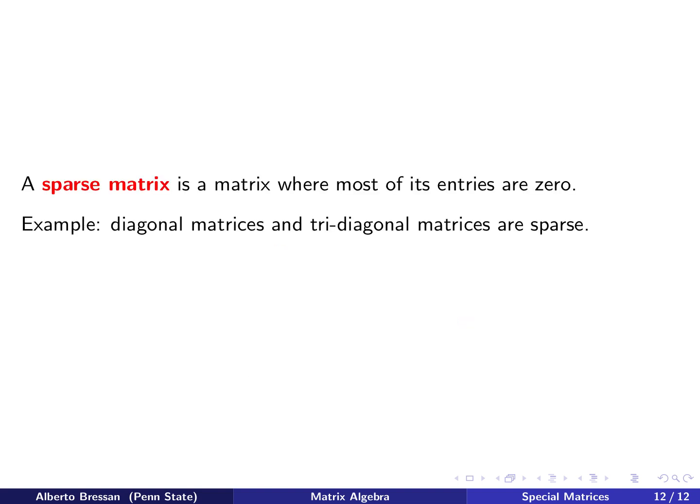One last concept of a special matrix is called a sparse matrix. A sparse matrix is particularly useful when you have a huge system. Let's say A is a matrix of 1 million times 1 million. Then the memory space of storing this matrix becomes critical and any computation will take a long time.